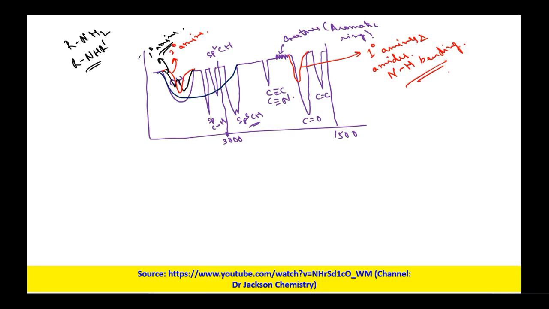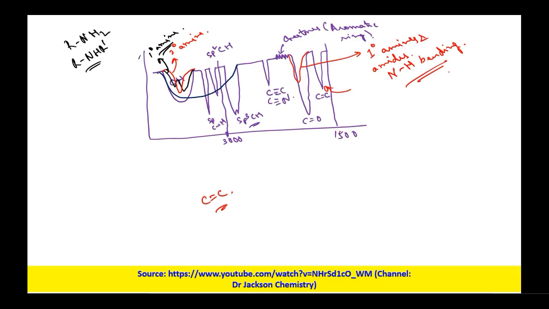You're getting my point? So in this way, if you look into this chart, you will be able to analyze any of the given structures on FTIR. You may be asked to distinguish whether this compound is having a C double bond C bond or not, whether it is an alkyne group or not. If it is having C double bond C, there will be a peak in this region.